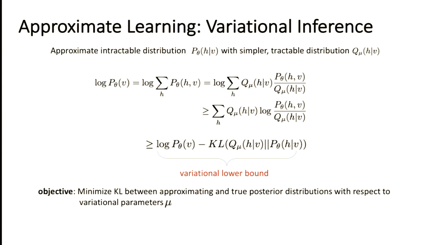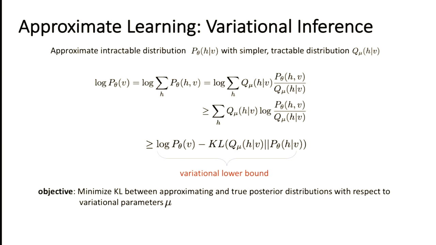This KL divergence term comes quite straightforwardly if you replace this joint distribution, instead of P theta of h comma v, by the product of the conditional distribution and the marginal distribution. And what we want to do is minimize the KL divergence between this approximate distribution, that we still don't know what it is, and our intractable posterior distribution, with respect to some variational parameters mu.